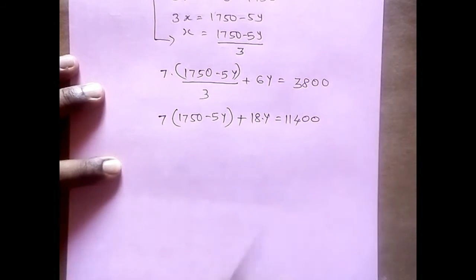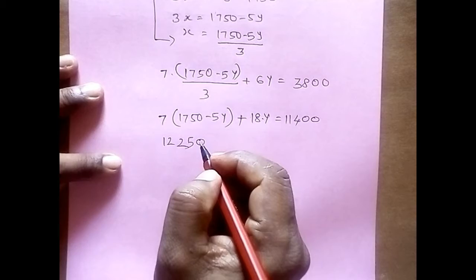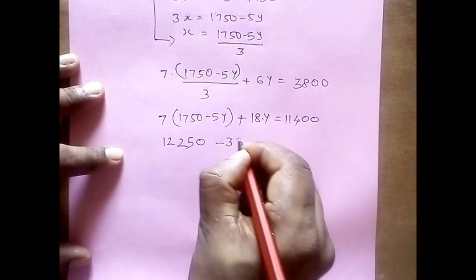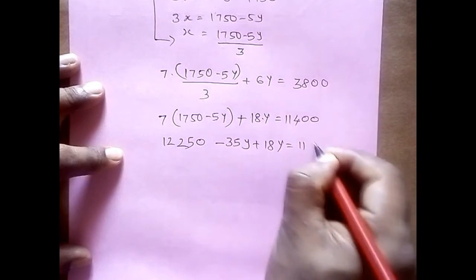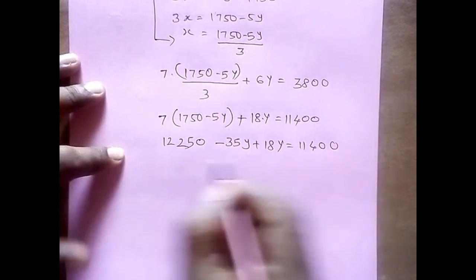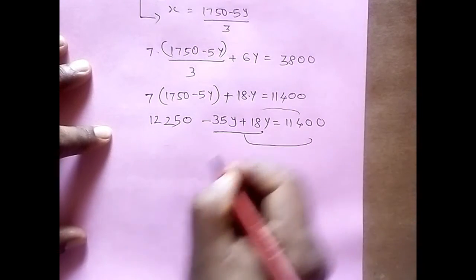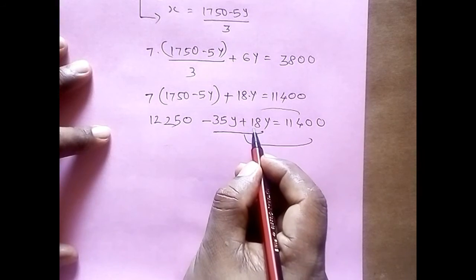Now multiply: 12,250 minus 7 into 5, 35y plus 18y is equal to 11,400. We will take these two here and this here. That means minus 35 plus 18 is minus 17.